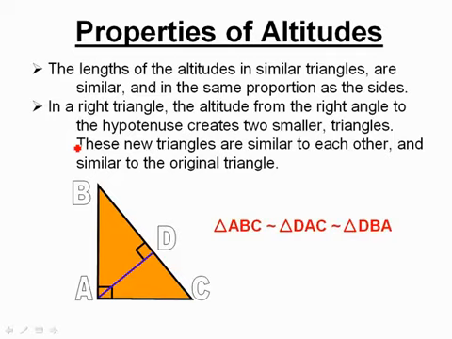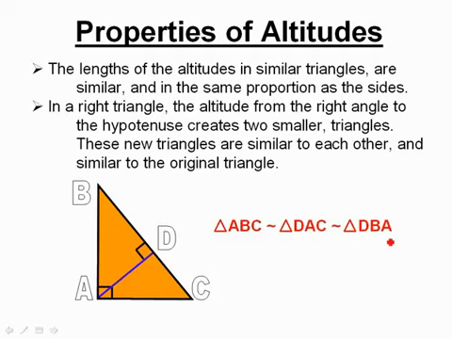And then in a right triangle, the altitude from the right angle to the hypotenuse creates two smaller triangles. These new triangles are similar to each other, and they're similar to the original triangle. So as you can see by my notation, triangle ABC is similar to triangle DAC, which in turn is similar to triangle DBA.